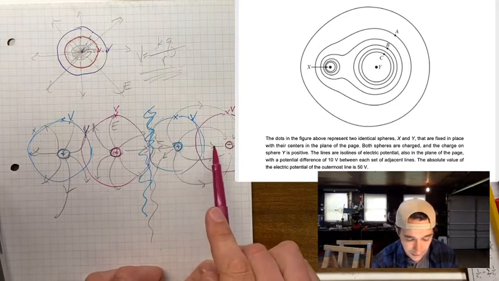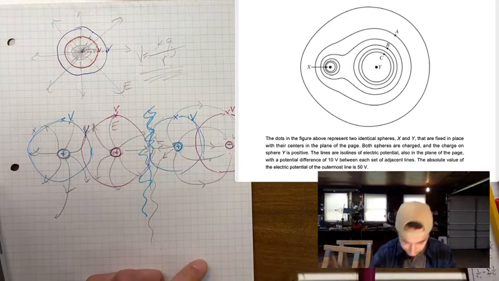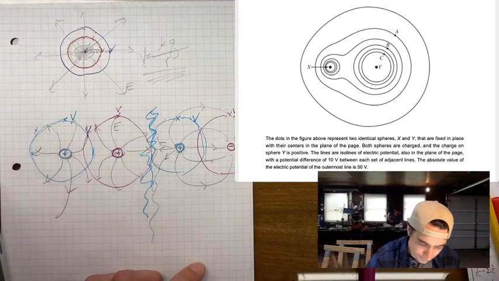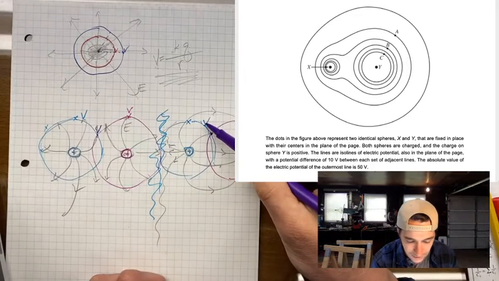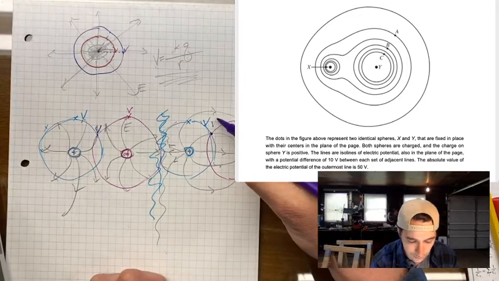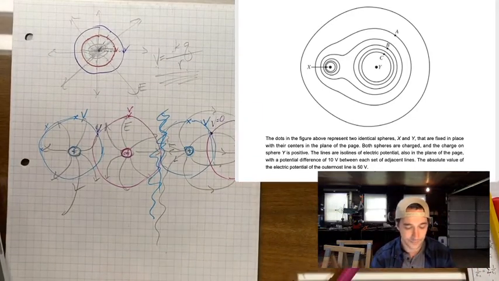And in this case, what's going to happen? At this location, the positive and the negative V's will cancel. Okay?